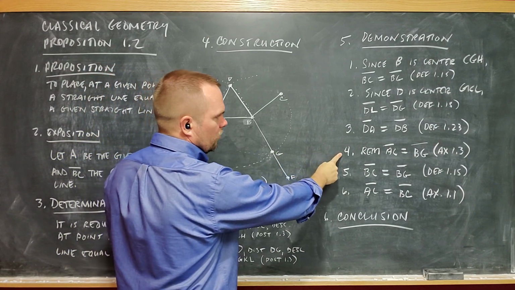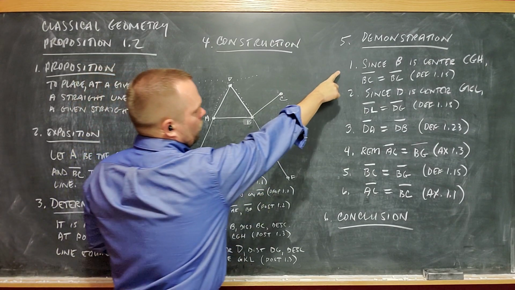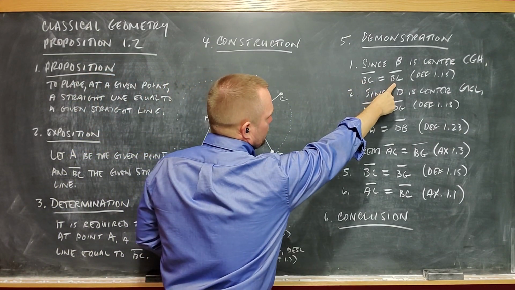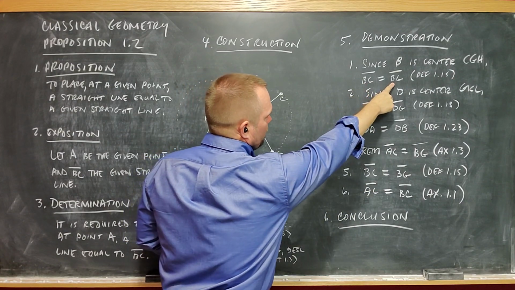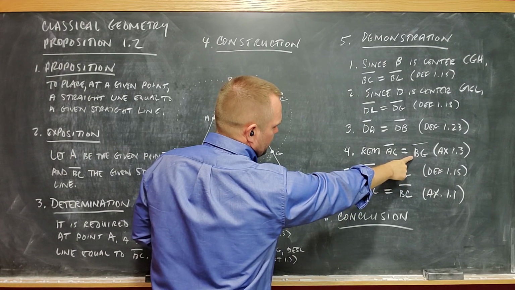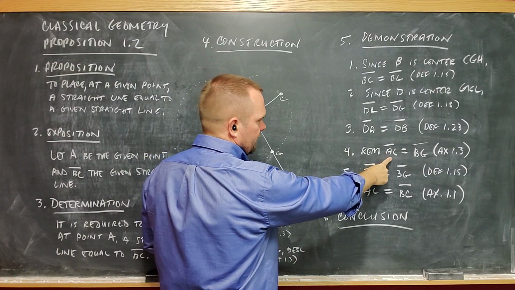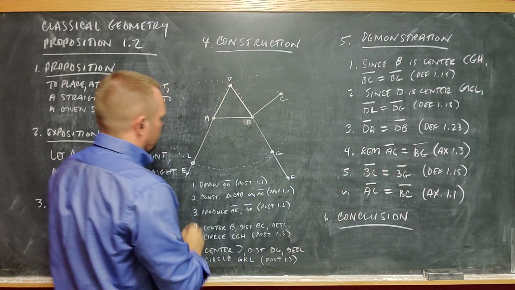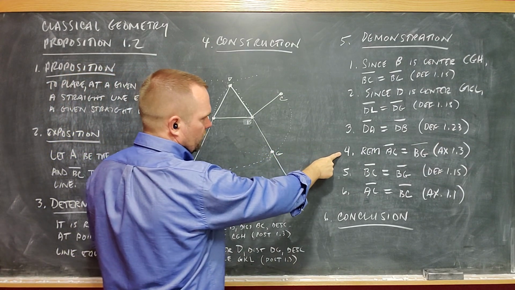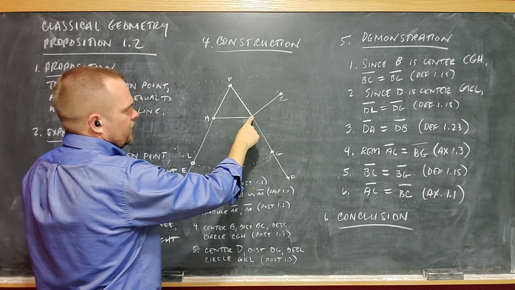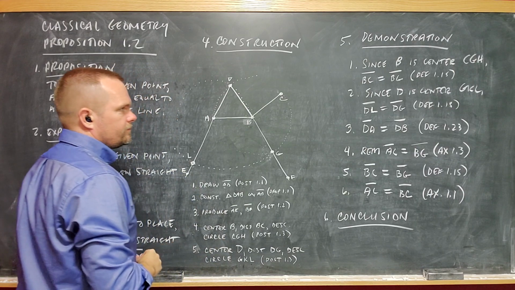In point 4, we proved that AL equals BG. In point 1, we proved that BC equals BG. So AL and BC are both equal to BG. Okay, I'll say that again. In point 4, we proved that AL is equal to BG. We also proved that BC is equal to BG. We proved that in our first point.